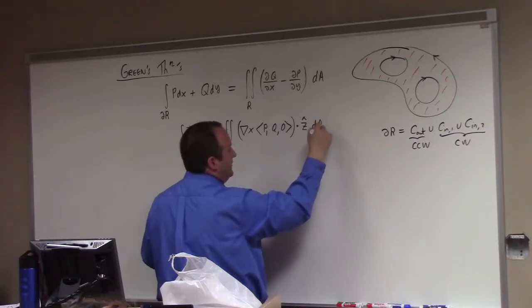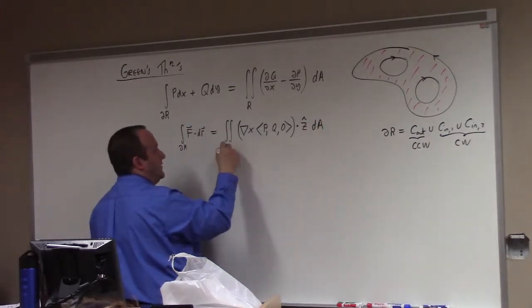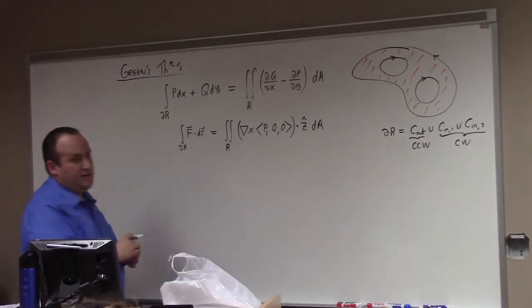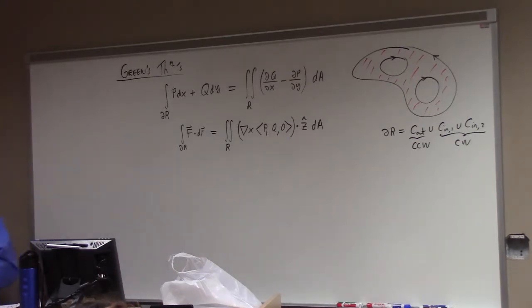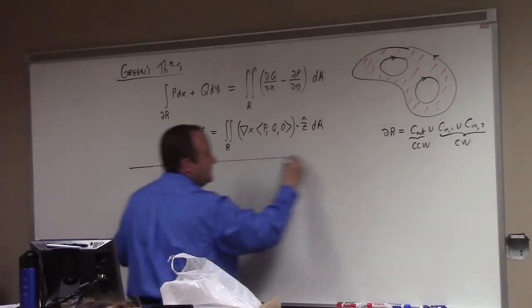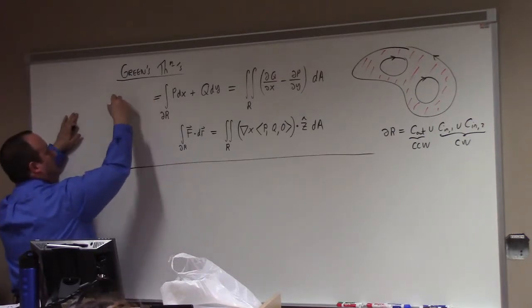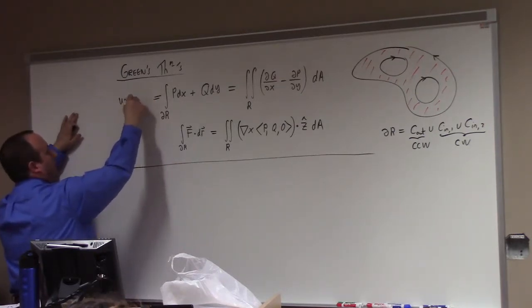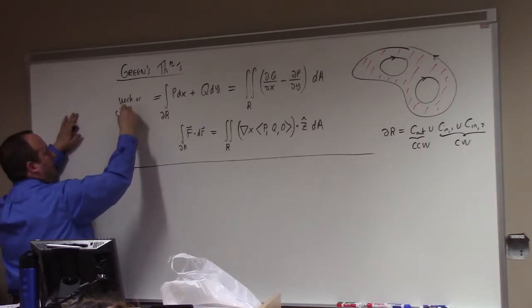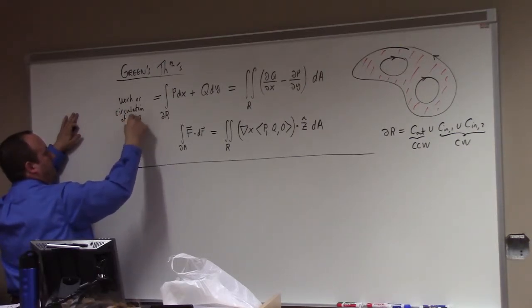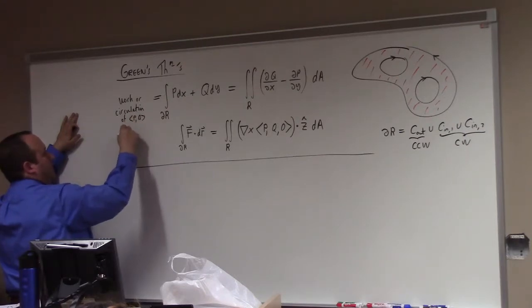So this has to do with the curl of the (p, q, 0) vector field. Sometimes I call this the curl form of Green's theorem. The other form is the divergence form. And what is this, by the way? This is the work, or you could call it the circulation, of (p, q) along the boundary of R.